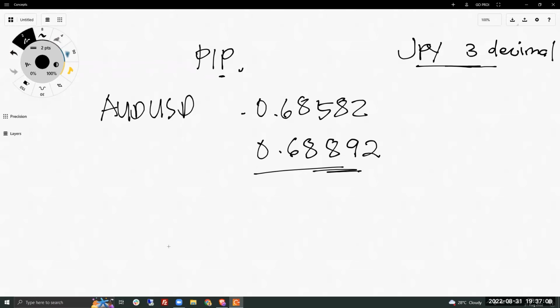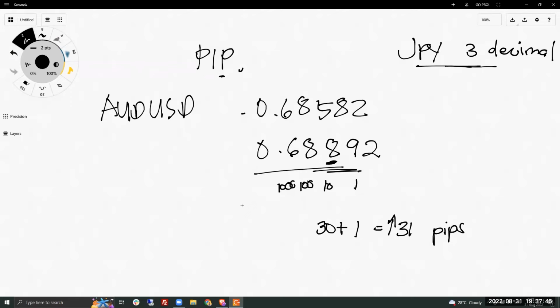So in this example, since we start at the 4th decimal, this is your ones, this is your tens, hundreds, and then thousands, right? So in the ones, it moved by one. In the tens, on this decimal place, it moved by 3. So 3 times 10 is 30. So 30 plus 1 is 31 pips.